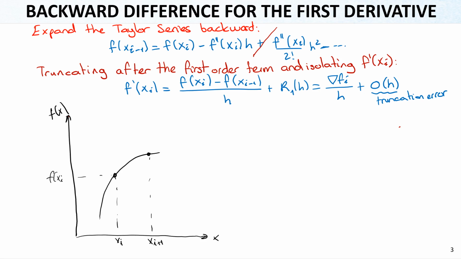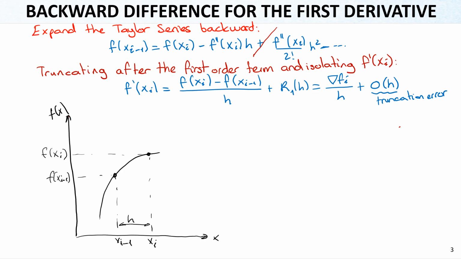Actually, this is wrong. This is forward. We need to make it backward. This is x_{i-1}. This is x_i. And this is the x_{i-1} function value. And this is the f(x_i) function value. Because it's backward, we need to write it this way. And the difference is again h.